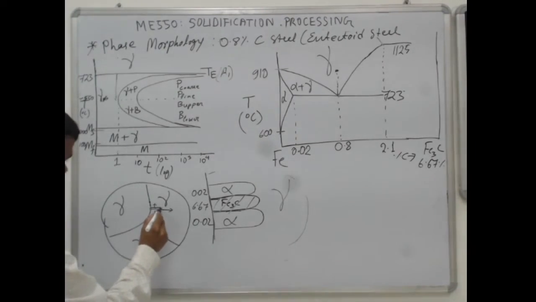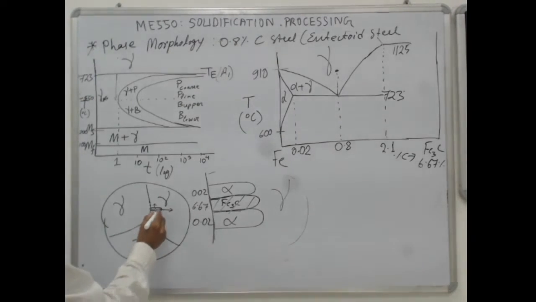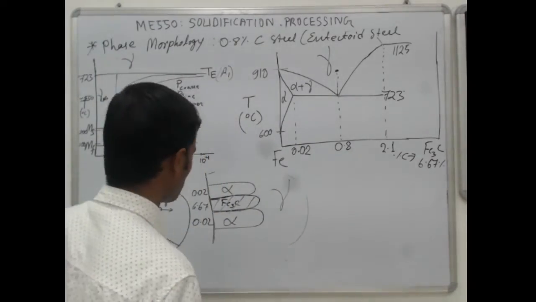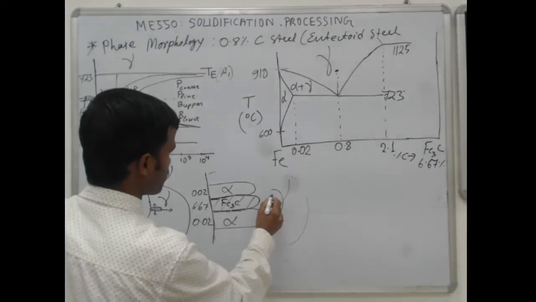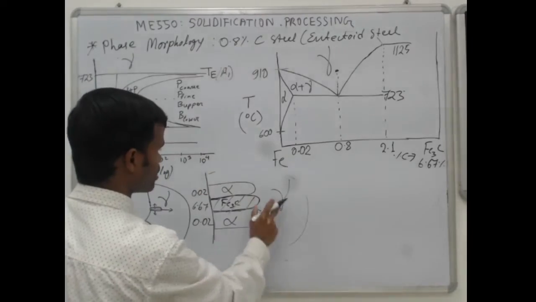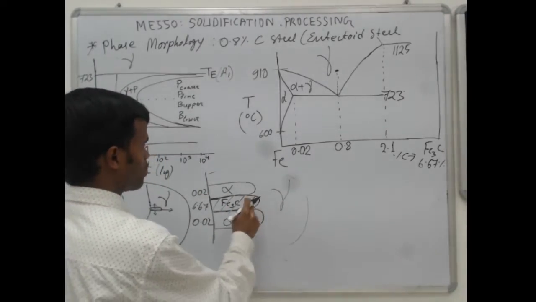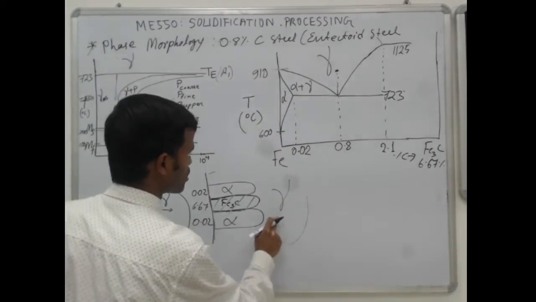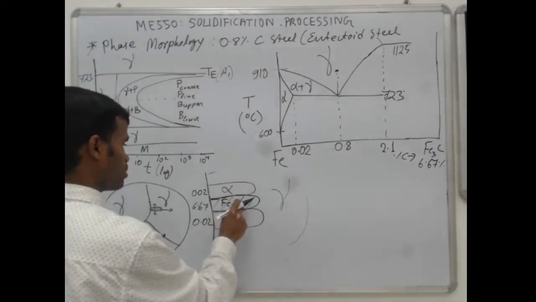This growth explains how they become thicker. Now we need to explain how they become bigger in diameter, if it is a plate. The system is in equilibrium at whatever the temperature is, and there is some driving force for this to grow, because this is not stable at this temperature. So it will try to convert into these two phases.